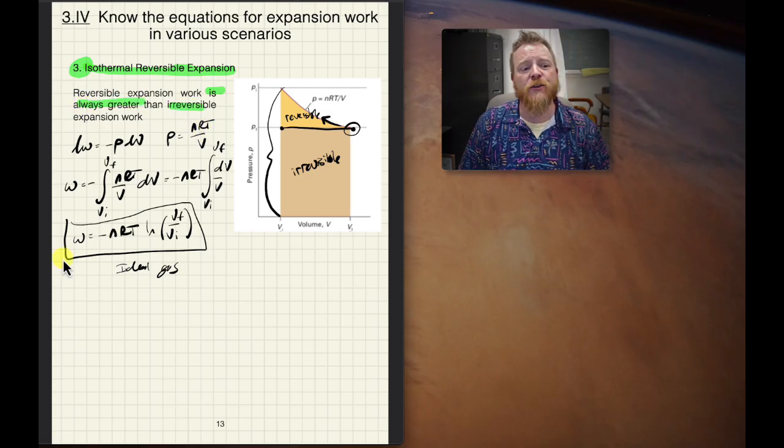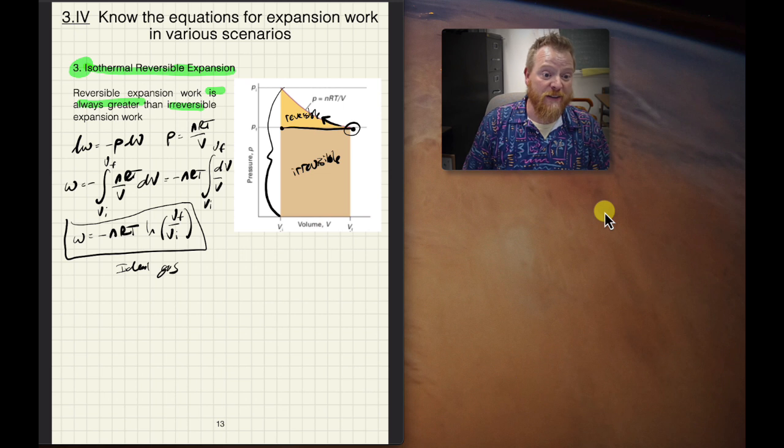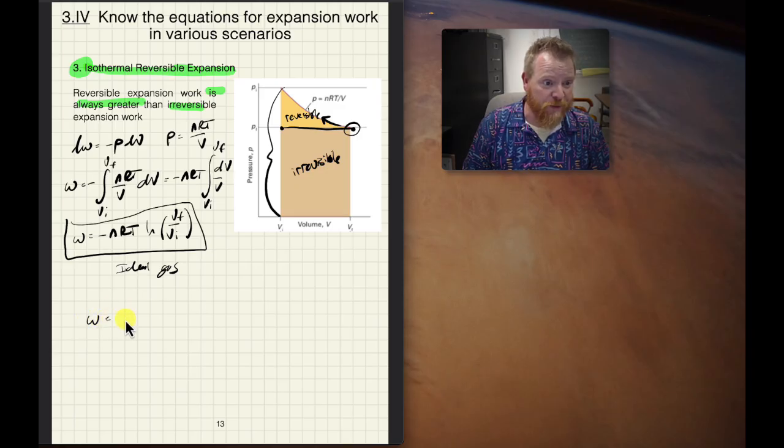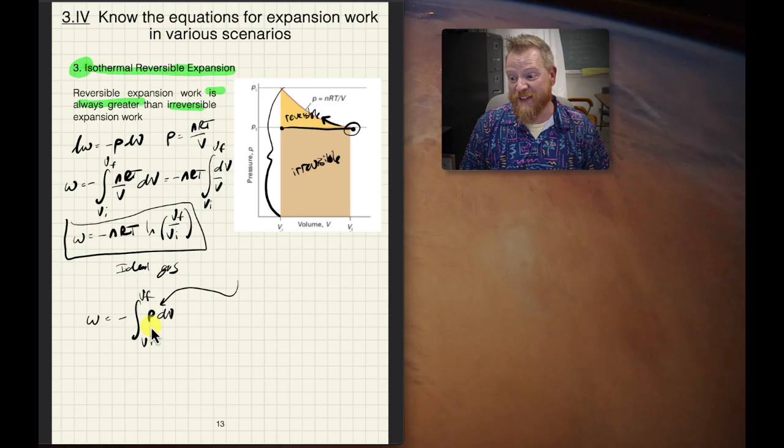Okay. So now, what if we wanted to do a van der Waals gas? Okay, so it's not all that different, right? The only difference being is how we integrate this thing. So when we set up this integral, negative integral P dV from VI to VF, we have to plug in the van der Waals equation into that integral, right?